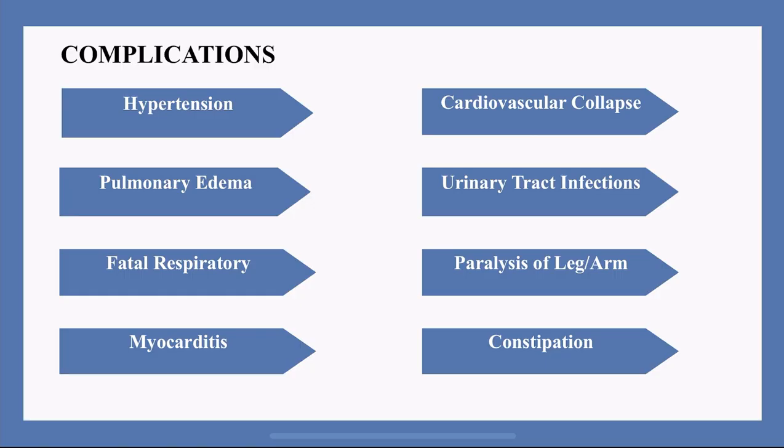Moving further to the complications, the patient can present with hypertension, pulmonary edema, and fatal respiratory failure. There is a paralysis of the respiratory muscles because of the bulbar involvement, the brainstem involvement, and we have myocarditis, again the muscular involvement, and cardiovascular collapse, UTI, paralysis of the leg or arm.